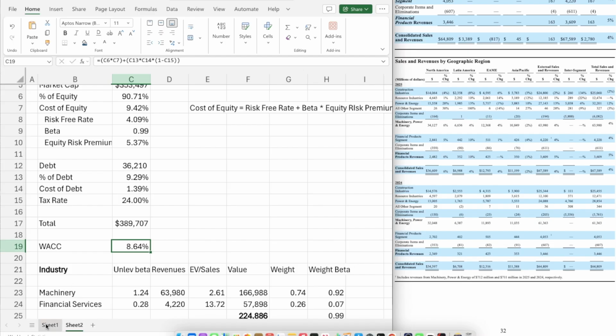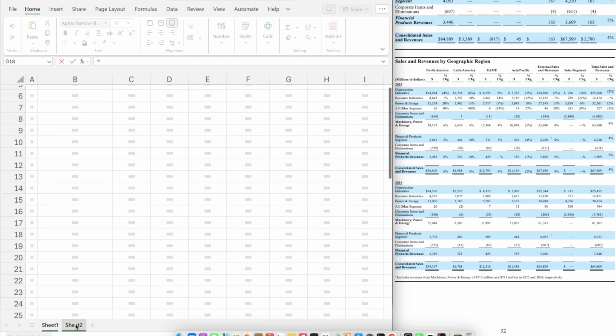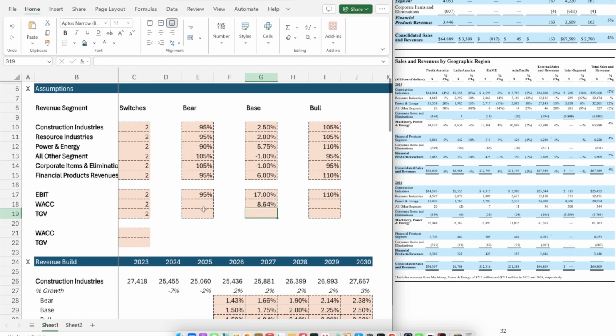So come back onto this page and go for the bear case. We'll add 0.5% on.